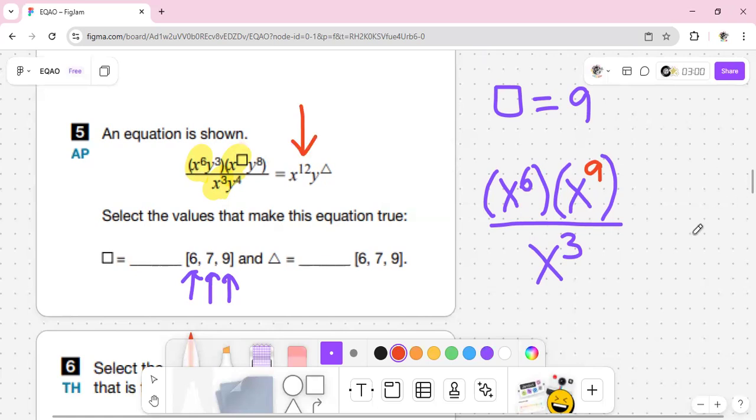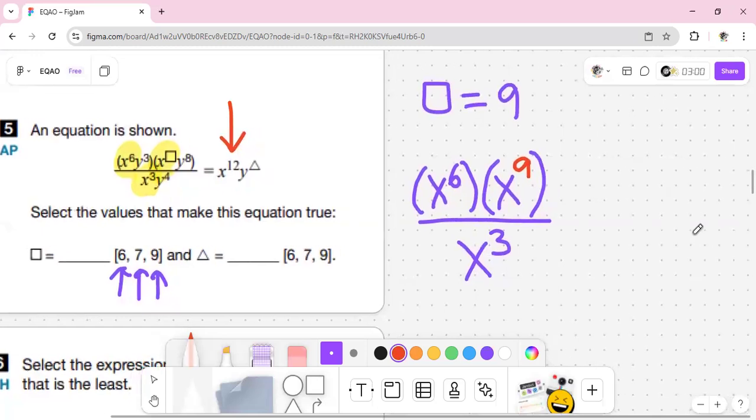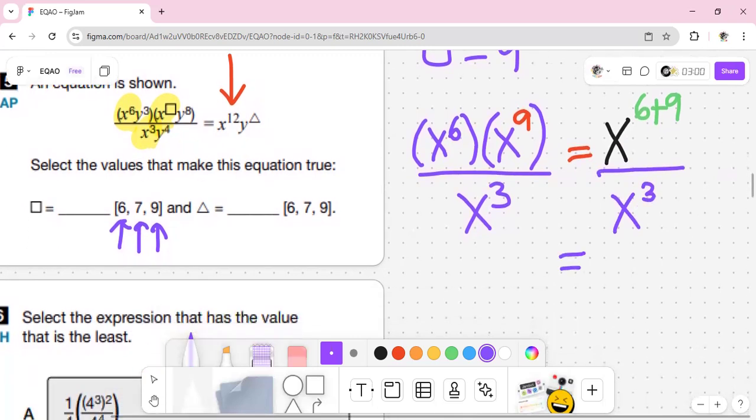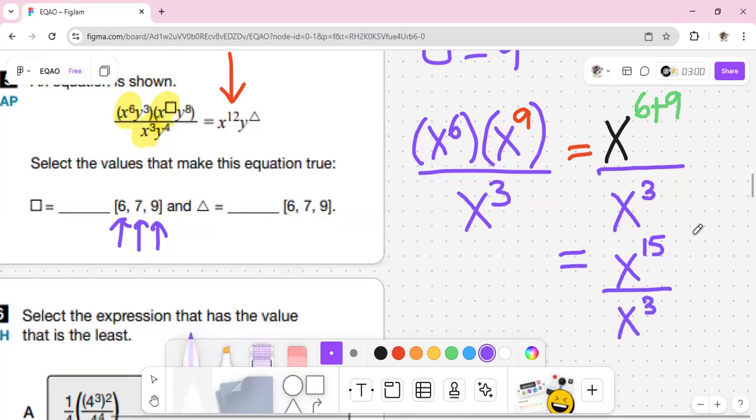Now, my rule for the numerator, multiplying powers, means I have to keep the base the same and add my powers, so 6 plus 9. And then I have to divide that answer by x to the power of 3. x to the power of 6 plus 9 is x to the power of 15, divided by x to the power of 3.